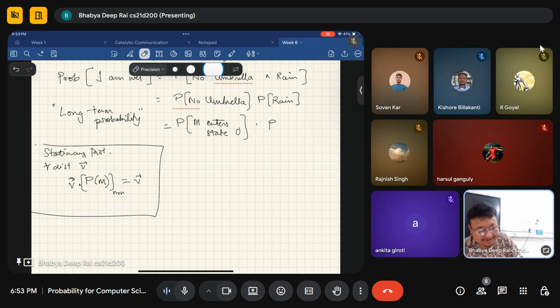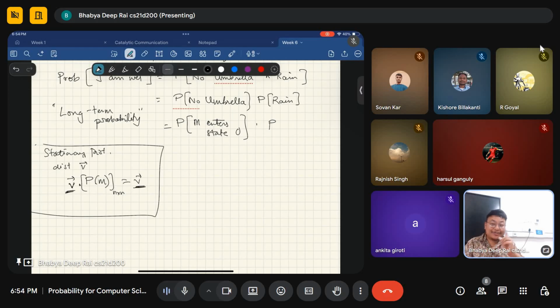We discussed in the previous session that this distribution is never going to change. Sorry, not for all distributions. It's that distribution, but it does not matter which distribution you started with. Eventually, you land up in the stationary distribution.